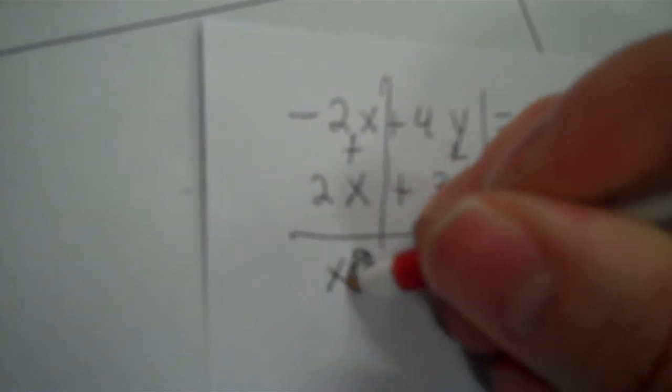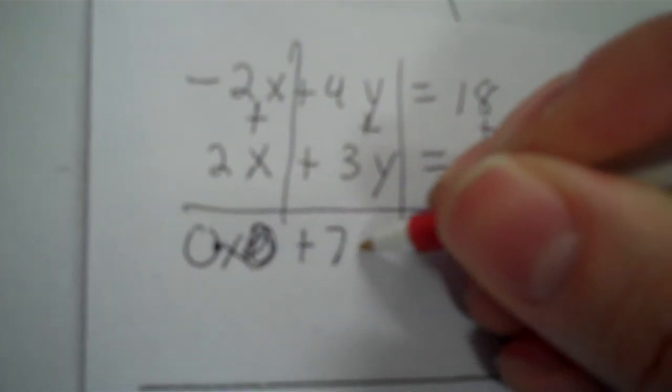So put X down, multiplication dot 0. Then I take 4 plus 3, both positive, 7. If it's positive 7, please put a positive 7 times Y. And then 18 plus 31 is going to make 49.